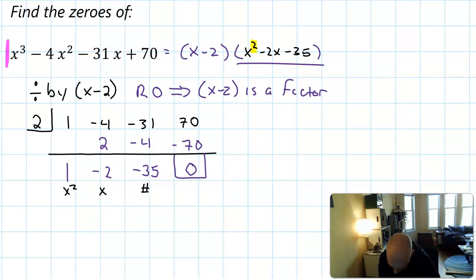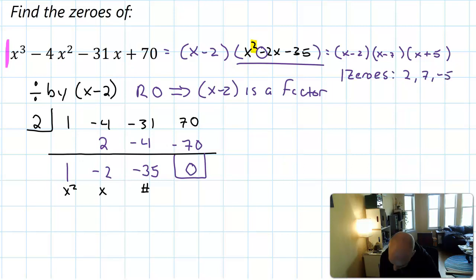And this one has 5 and 7 as factors, so let's factor that out real quick. It's minus 7 plus 5 because this is a minus 2 right here. And that means that the zeros, all three of them, are 2, 7, and negative 5 for this polynomial.